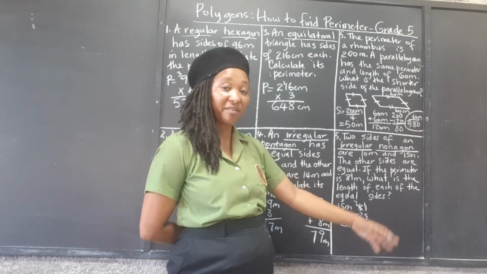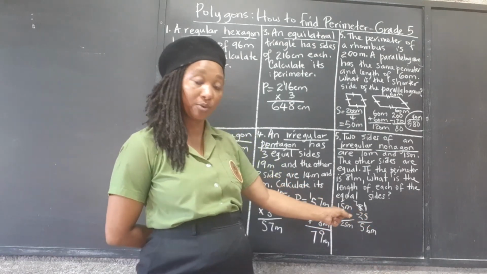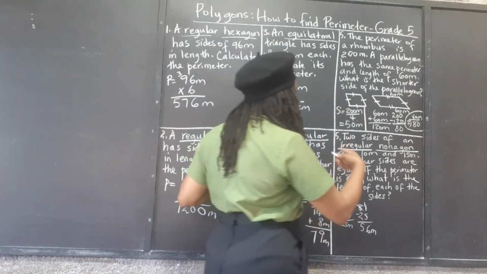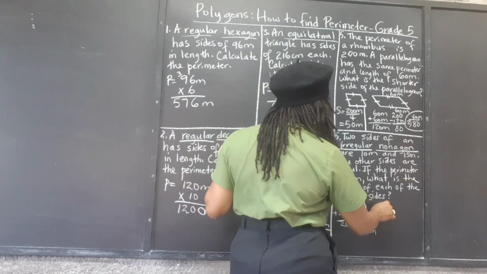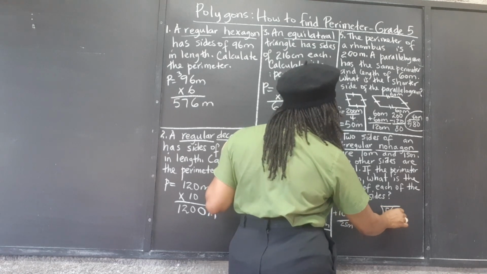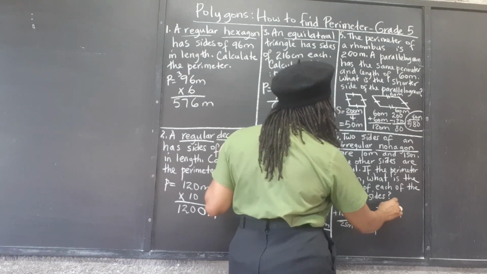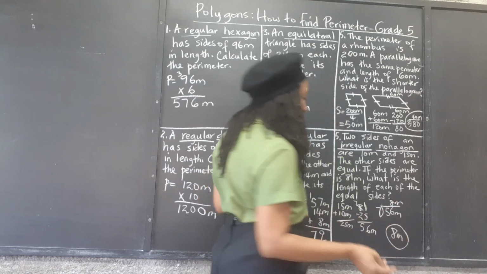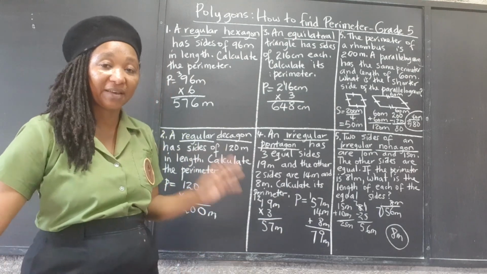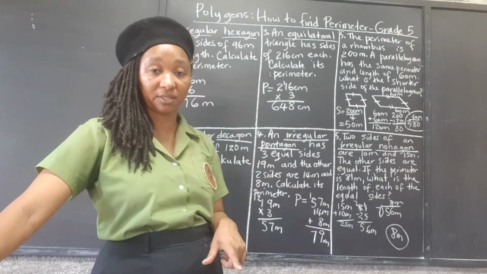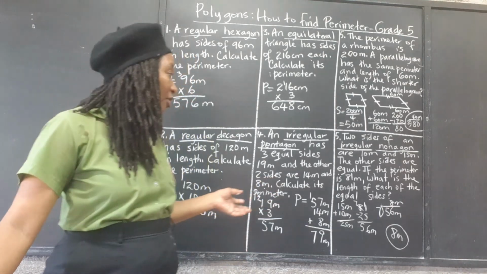To find the length of each of the equal sides, we need to divide that 56 by the 7 sides, and that's 8 meters. So each of the 7 equal sides measures 8 meters, right?